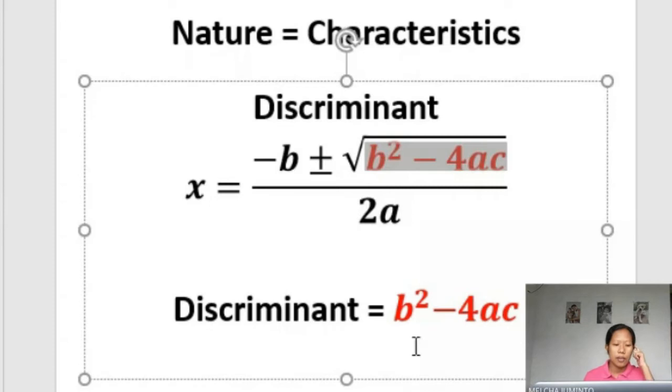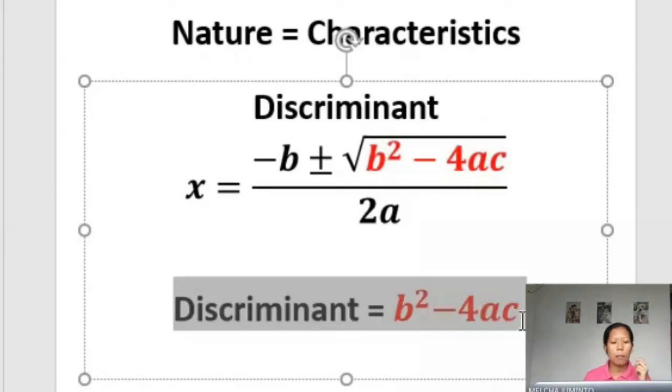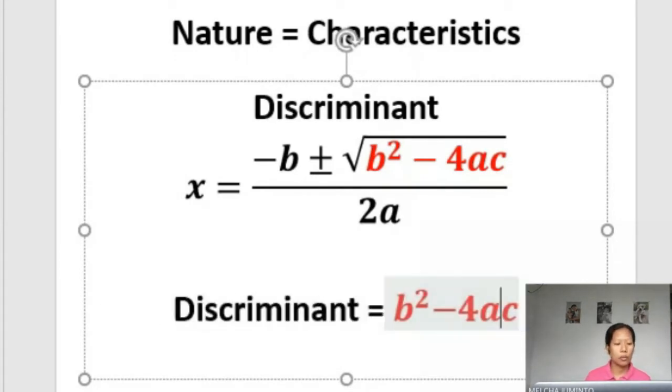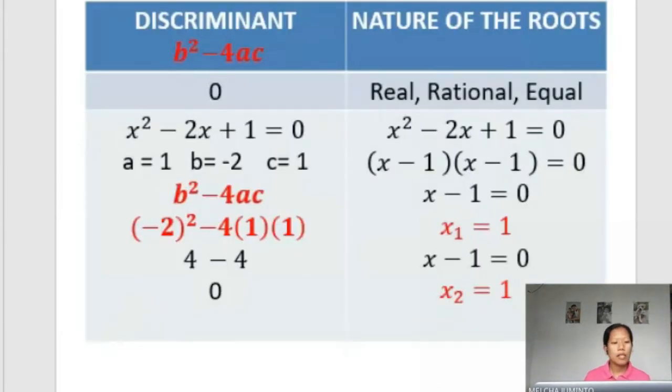Okay, so to find the discriminant, we simply need to use b squared minus 4ac. Now, the nature of the roots can be classified into 4. Let us talk about the first characteristic.